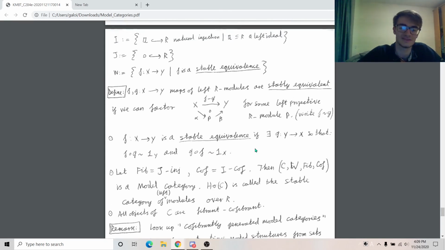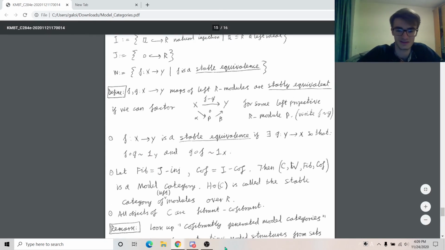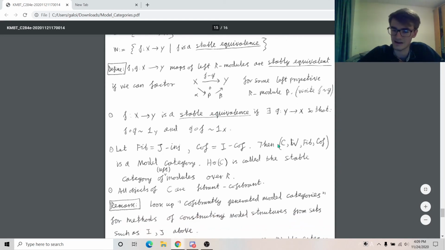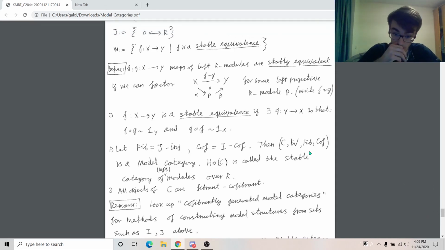And you set the fibrations to be the J-injectives and the cofibrations to be the I-cofibrations. And I claim the category C with these three classes of morphisms is a model category. And the homotopy category is going to be called the stable category of left R modules. And it's a nice example because all objects of C are fibrant and cofibrant.